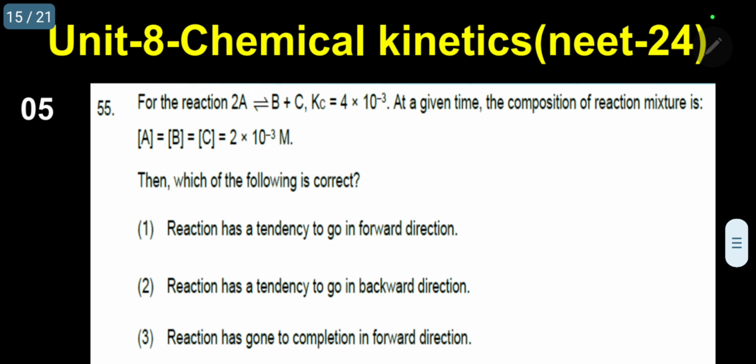At a given time, the composition of the reaction mixture is [A] = [B] = [C] = 2 into 10 to the power of minus 3 M. Then, which of the following is correct? 1. Reaction has a tendency to go in the forward direction. 2. Reaction has a tendency to go in the backward direction.